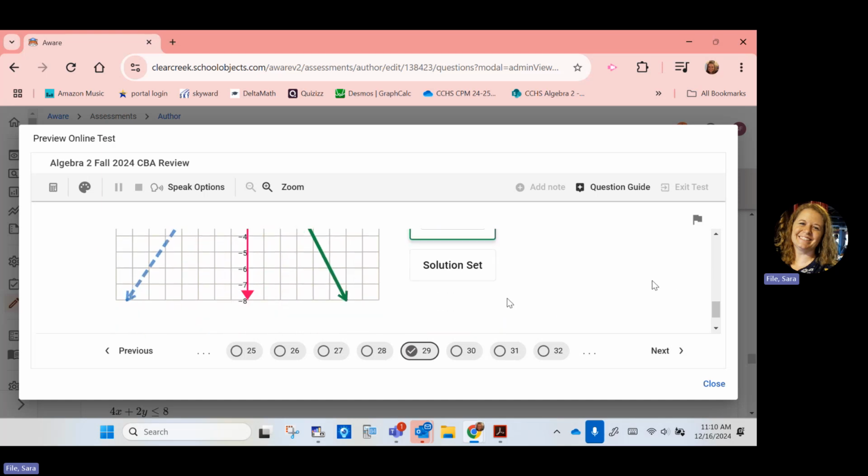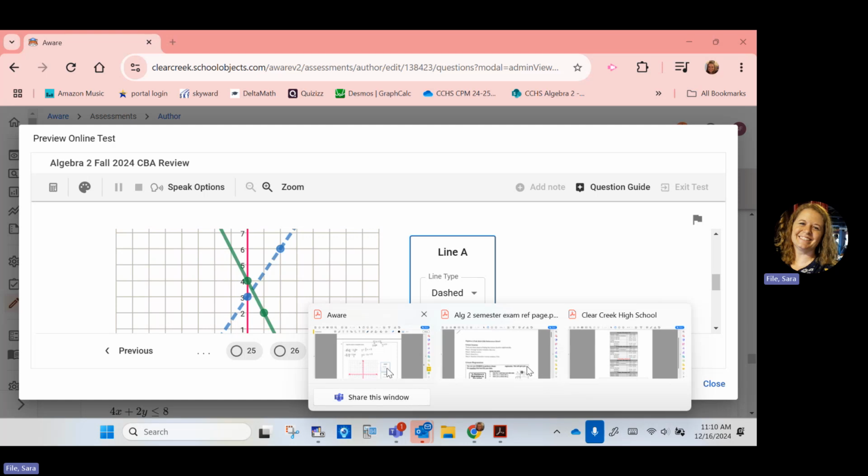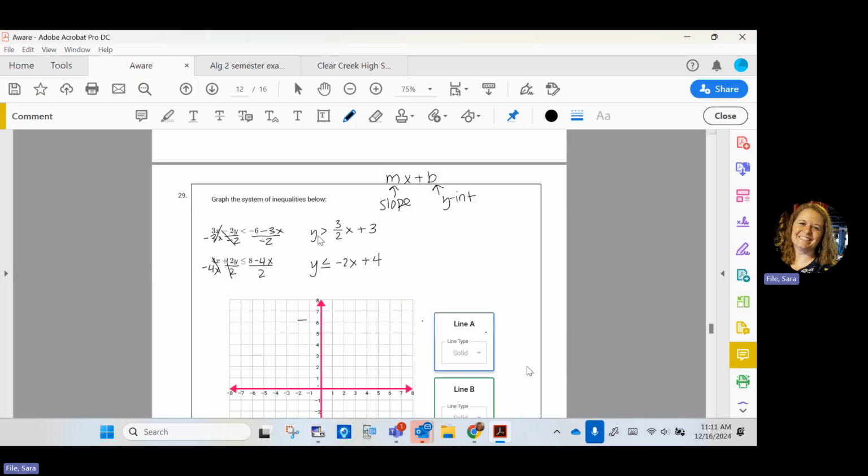Now I'm going to select the solution set, where the shading should be. There are 4 different sections here that it could be shaded. Remember, it's where the overlap happens. Looking at this, it should be greater than the blue line and less than the green line.